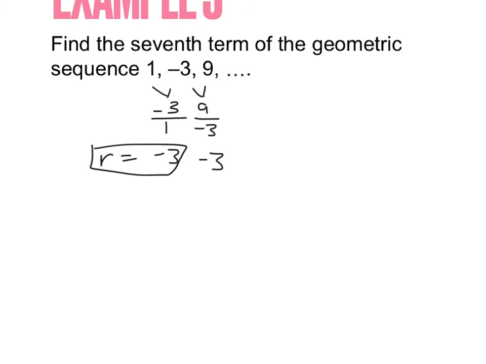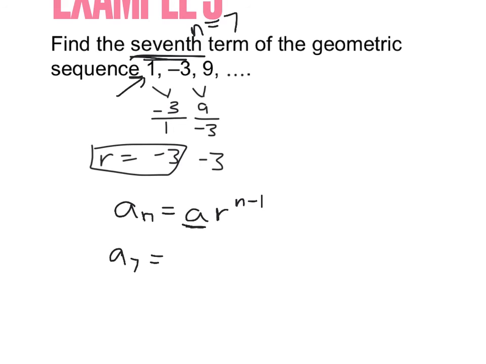Remember our formula that we're going to plug in. We're looking for the 7th term now, so n is going to be equal to 7. But our basic formula is a of n is equal to a times r raised to the n minus 1. So our n is 7, so we have a of 7 is equal to, a is our starting number, so 1 is equal to a.